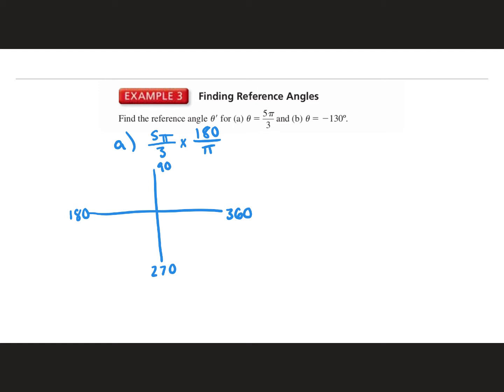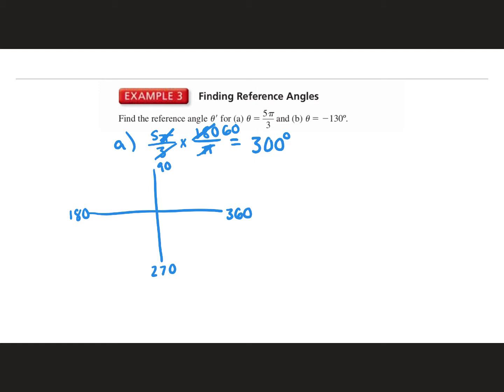Pi on top cancels out with pi on the bottom, and we can divide 180 by 3, which leaves us with 60. So we just have 60 times 5 on the top. What's 60 times 5? 300. So we're dealing with 300 degrees here.